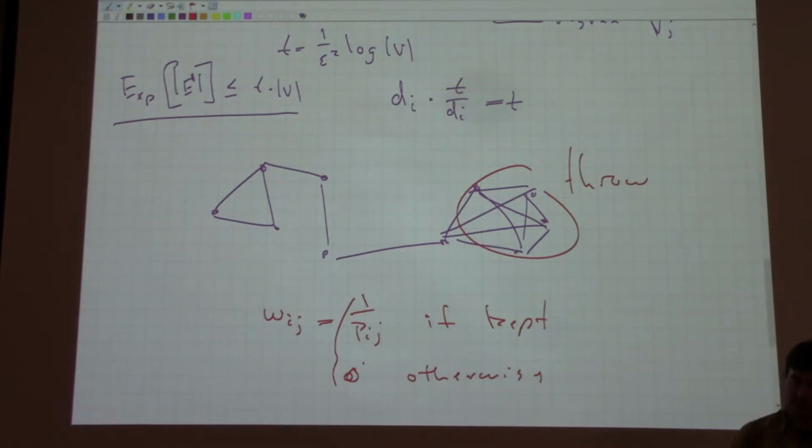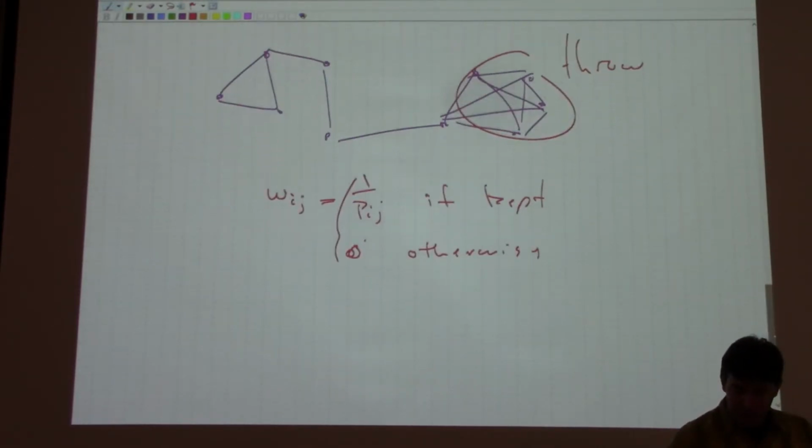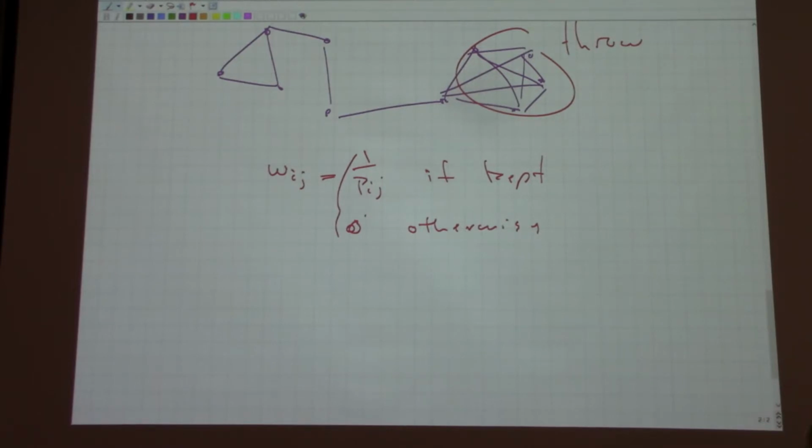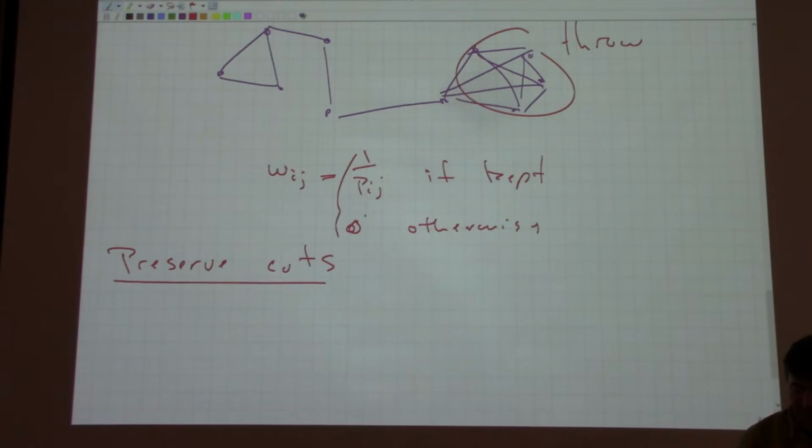And so now, if I reduce the graphs this way, what properties am I keeping? It's going to preserve the cuts in the graph. Okay, so now for notation, before in G, all the edges have weight w_e.